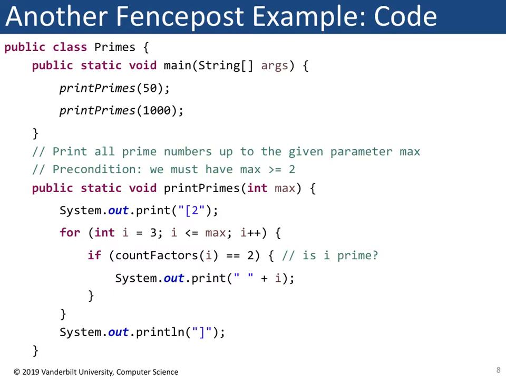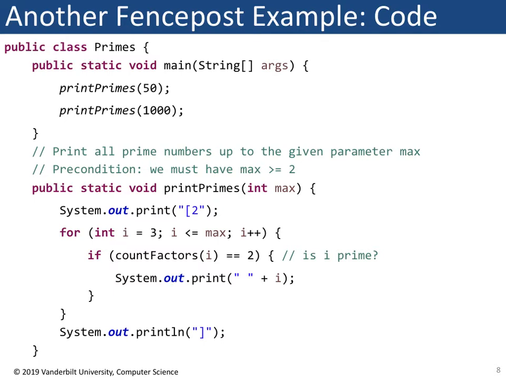the actual fencepost portion of this problem is printing 2 followed by a space and a space in between each number. But there's an additional requirement that we saw in the example printout, which was we wanted to start with a bracket and end with a bracket. So the bracketing of the entire list of numbers definitely doesn't need to be in the loop because it only occurs at the very beginning and the very end.